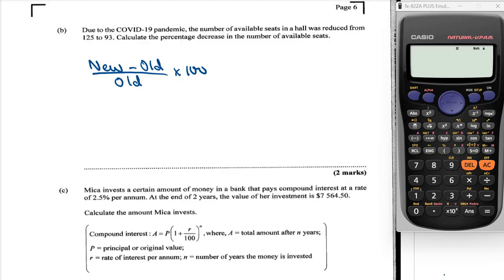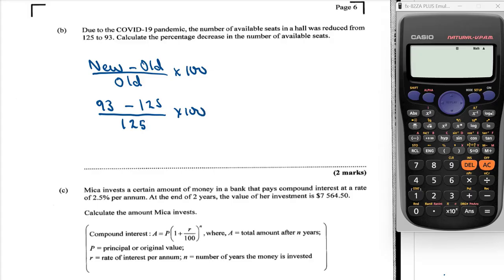Now, in this case, the new number of seats is 93 and the old number of seats is 125, and we divide by 125 times 100.